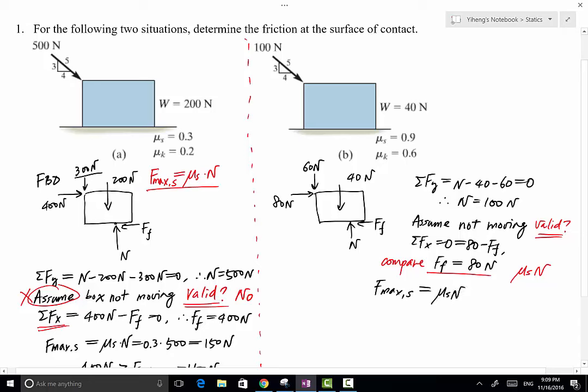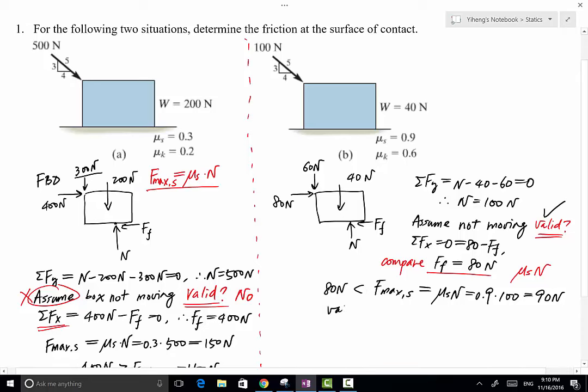Mu s in this case is 0.9, the normal force is 100, so that is 90 Newton. So as you can see, our calculated 80 Newton is actually smaller than the maximum static friction. Therefore, this tells us that the assumption is indeed valid.